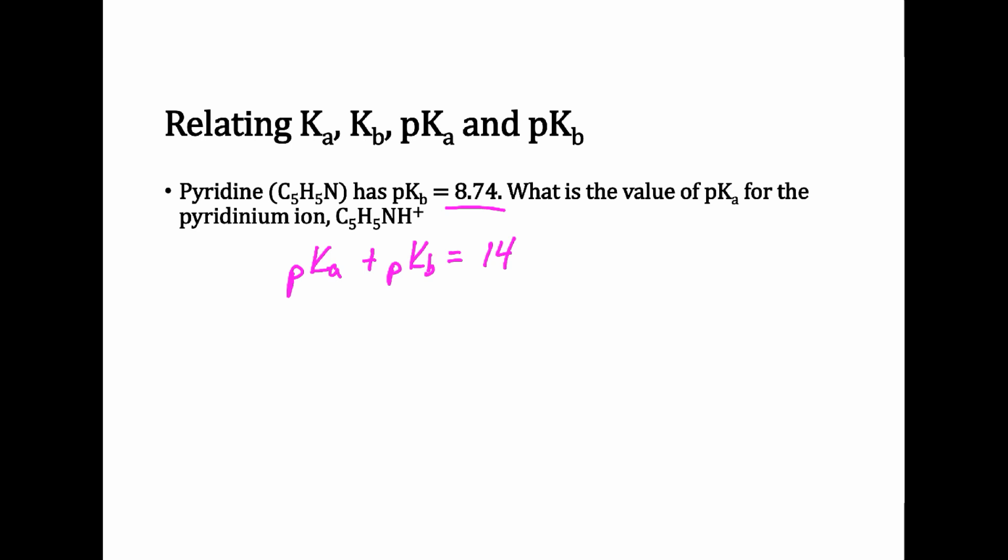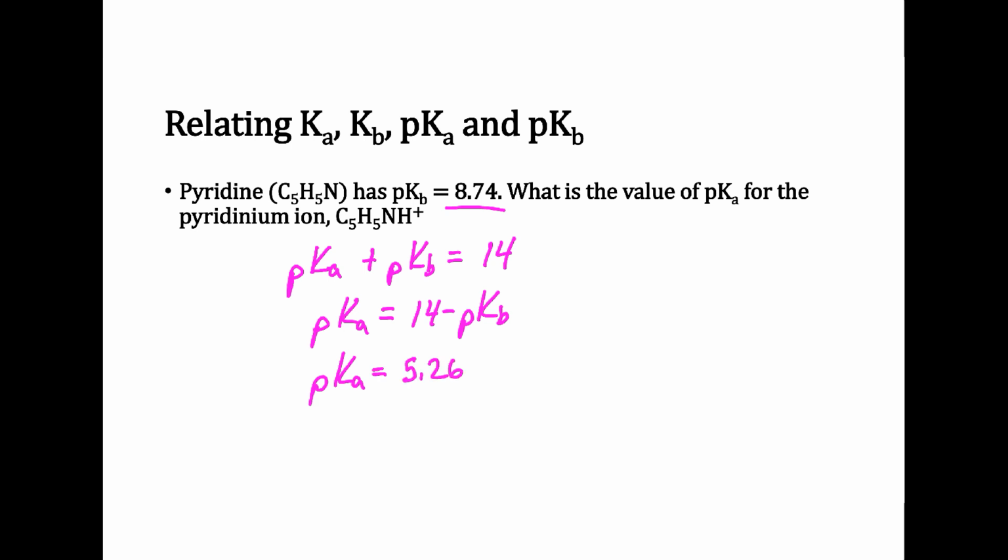So that means if we're looking for the value of pKa, pKa is equal to 14 minus pKb. So then, whenever we plug in, we'll end up seeing that pKa is equal to 5.26.